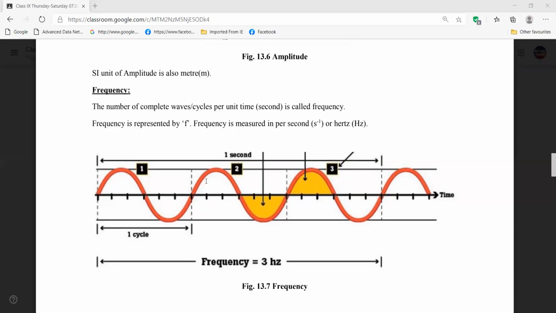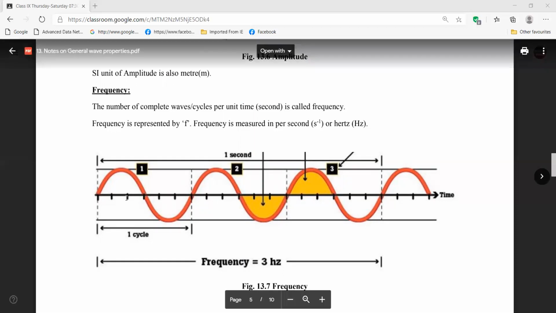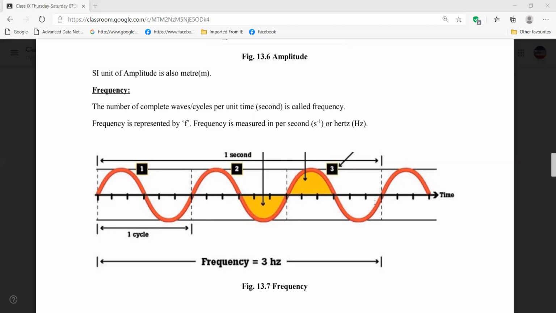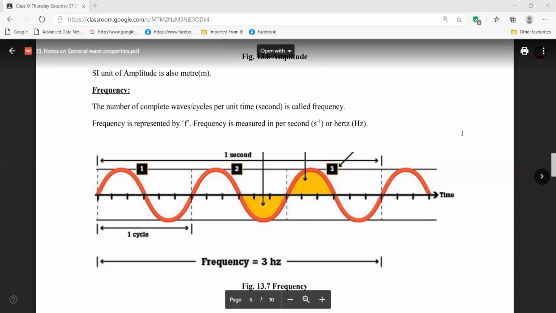One cycle, then two cycles, then three cycles, right? So all these three cycles to complete. After this we are not considering whatever. There is also some extended part, half of the wave, that we are not considering.